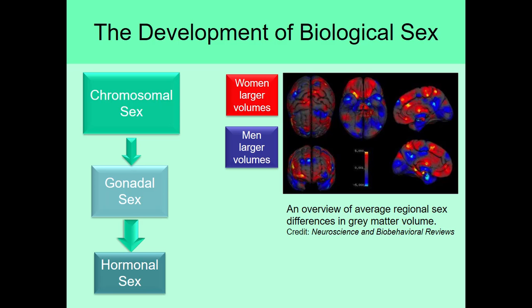The basic model right now is that during gestation, a lot of this stuff happens as a function of chromosomes leading to your gonads releasing certain kinds of hormones that then cause different sized areas in the brain. But some of this stuff's going to happen after birth too. These are adult brains that were scanned, so we're not exactly sure if some of these things are habits, or if they were socialized, things like that.